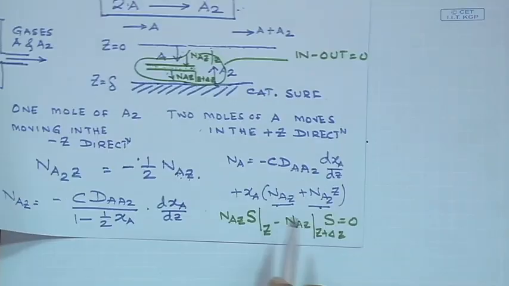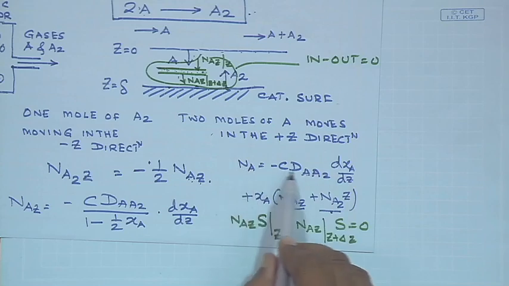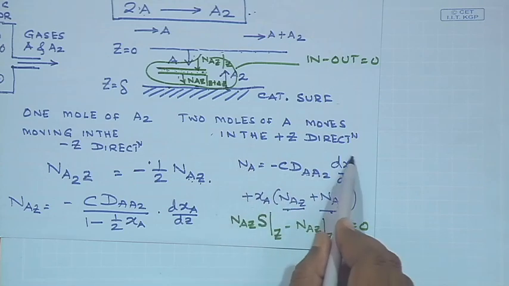Had this been a diffusion only situation, that is, only A is moving towards the catalyst surface by diffusion, in that case the second term on the right hand side of the species balance equation, this entire term, would be 0, and N_A would simply be equal to the diffusive flux.